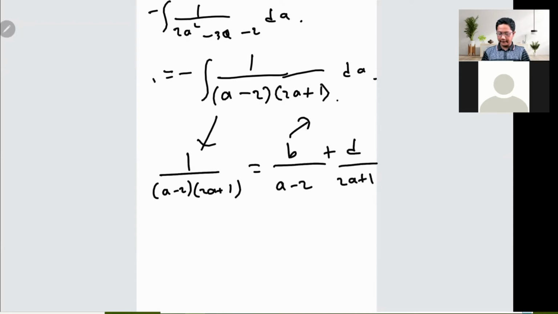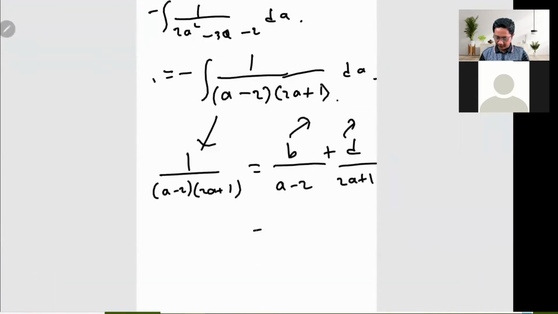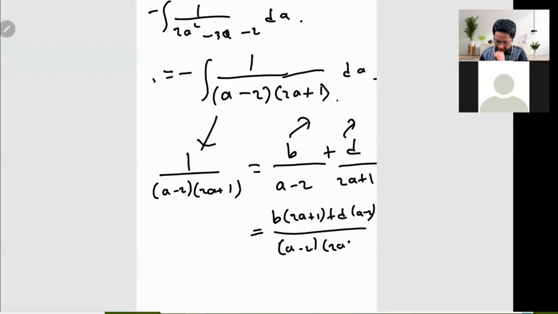And try to calculate the value of B and the value of D, the same idea. So I have B times 2A plus 1 plus D times A minus 2 over A minus 2 times 2A plus 1. And again, you try to see the coefficients and try to solve. You get B and D, and the rest is just substitution.